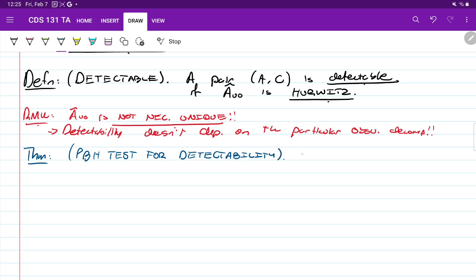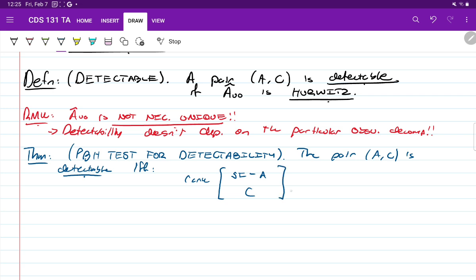What this says is that the pair (A, C) is detectable if and only if the rank of [sI minus A; C] equals n, and this should hold for all unstable values of s, such that the real part of s is greater than or equal to 0.